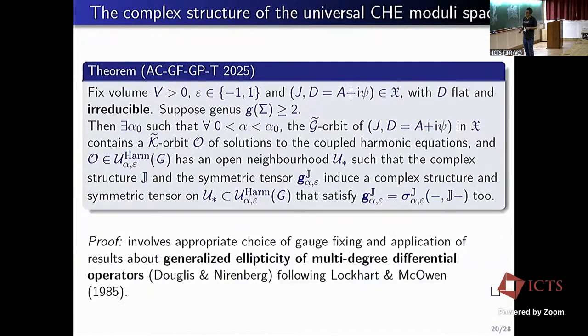And as I said, when you do the deformation theory, you find coupled multi-degree differential operators. This is an extension of the usual elliptic theory for elliptic differential operators, and still you can work it, following this very useful paper by Lockhart and McOwen, to prove this theorem.